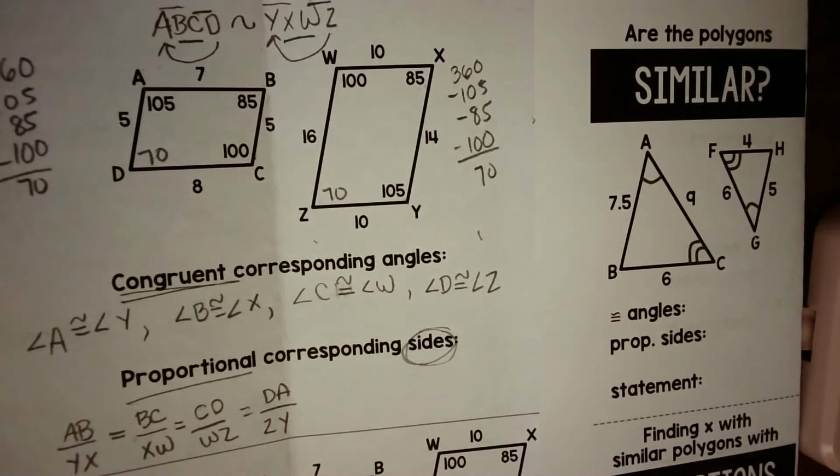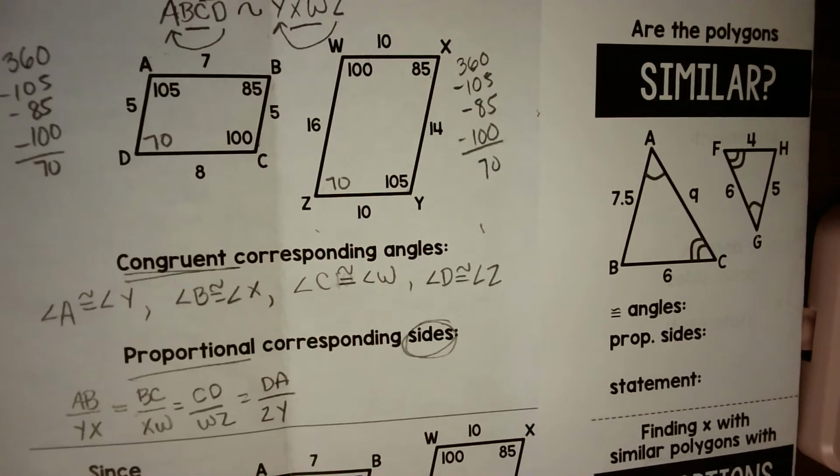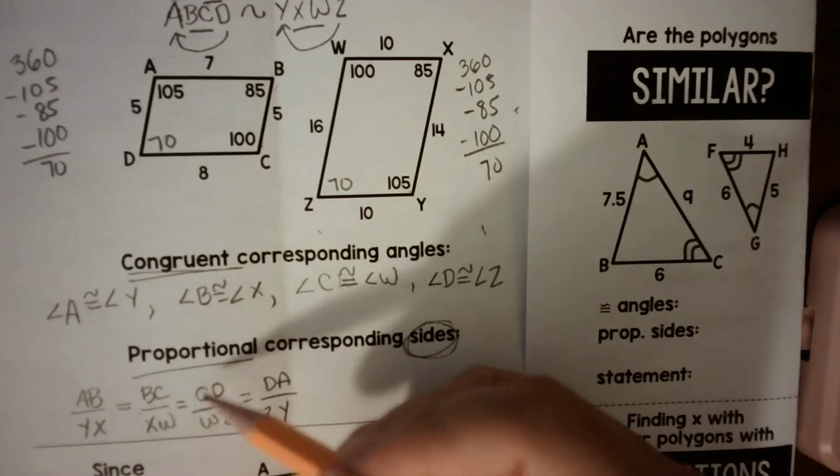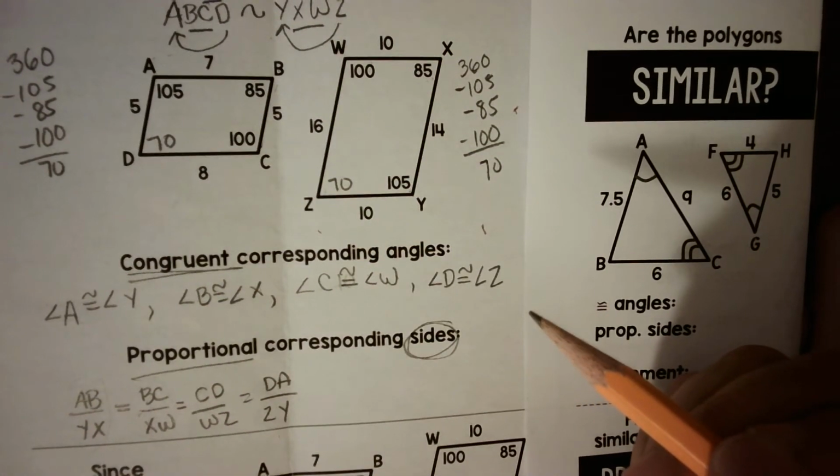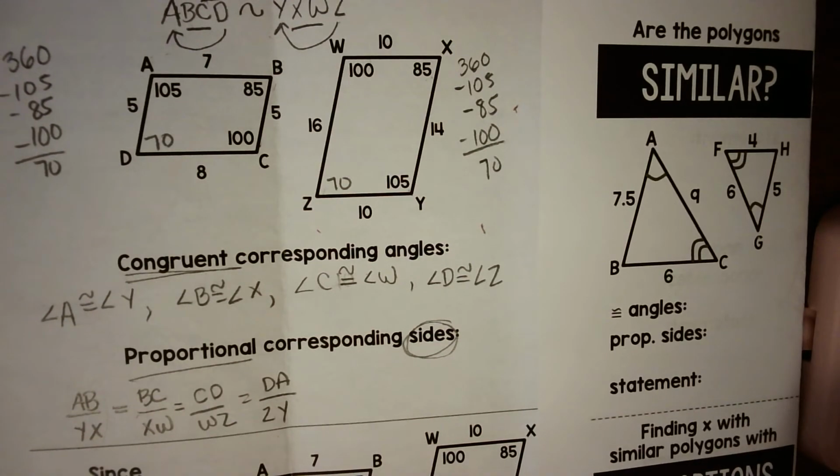So how do you get the scale factor? The scale factor is just any of those numbers that correspond. You could choose any of these fractions, but what you always want to do is select ones that have values. Sometimes they don't have values.